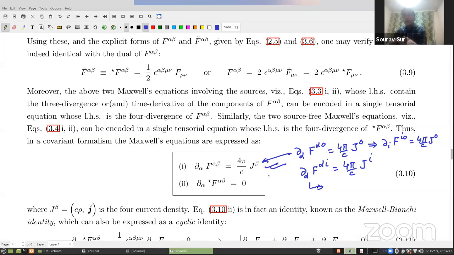And from here, you have del k of Fki plus del 0 F0i, because here alpha could be 0 or could be a space index. There is a complete sum over alpha. So first I'm summing 0, 0, then kk, equal to 4 pi over c Ji.